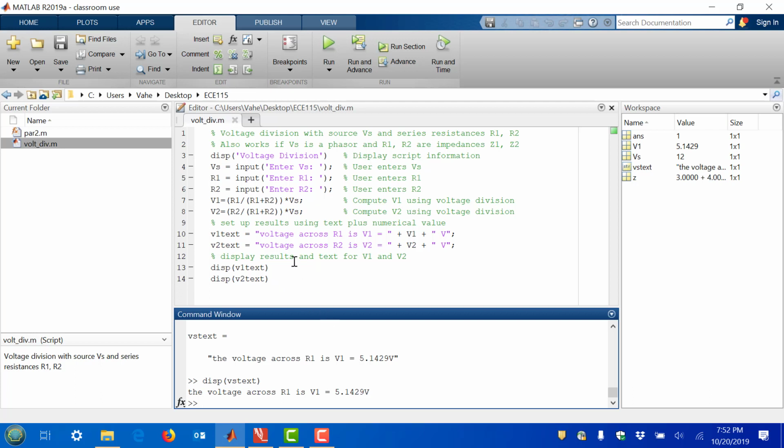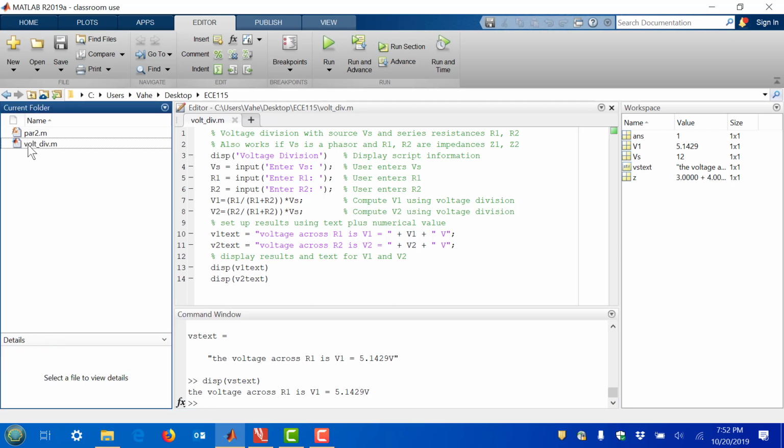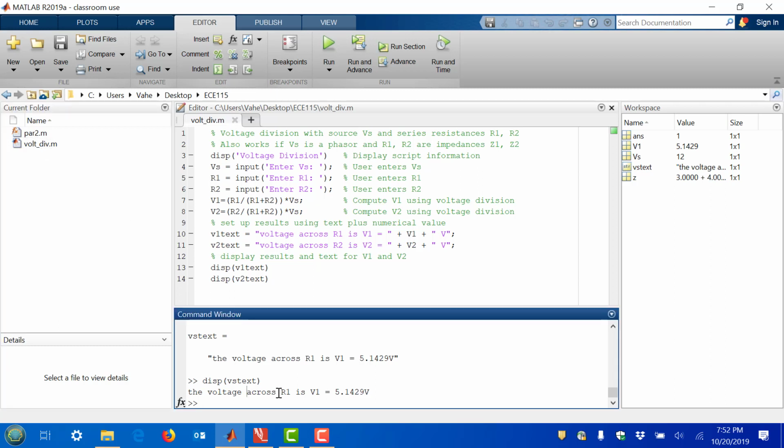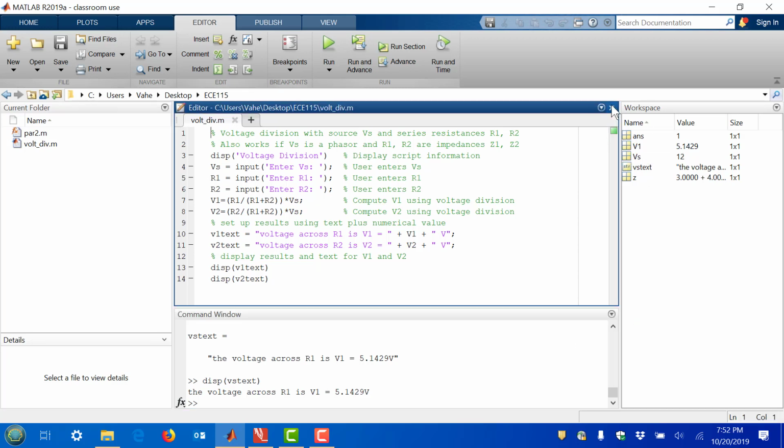Now, how do you run this? Assuming the file volt_div appears in your current folder, you just type its name. Let me clear this for now because you know what volt_div does.